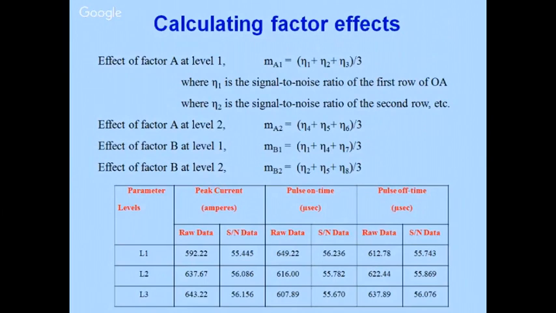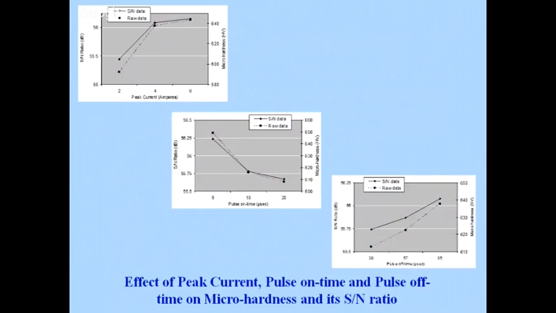Suppose, okay, let me not take the first one. Effect of factor A at level 2. What were the rows in which factor A was at level 2? Take the average of that. So 4th row, 5th row and 6th row. So if you go back, okay, I will go back and then explain.